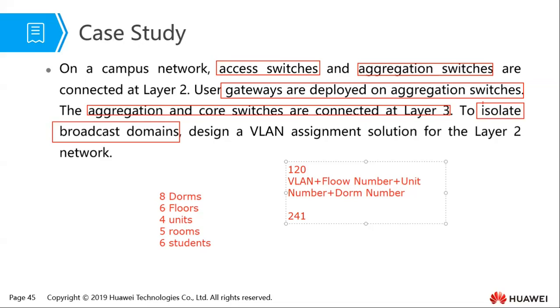So that will be 241, meaning for the next unit in that DOM, it will be 242. For the next unit, the VLAN will be 243. The last one for that floor is going to be 244 because they have 4 units. So something like that.